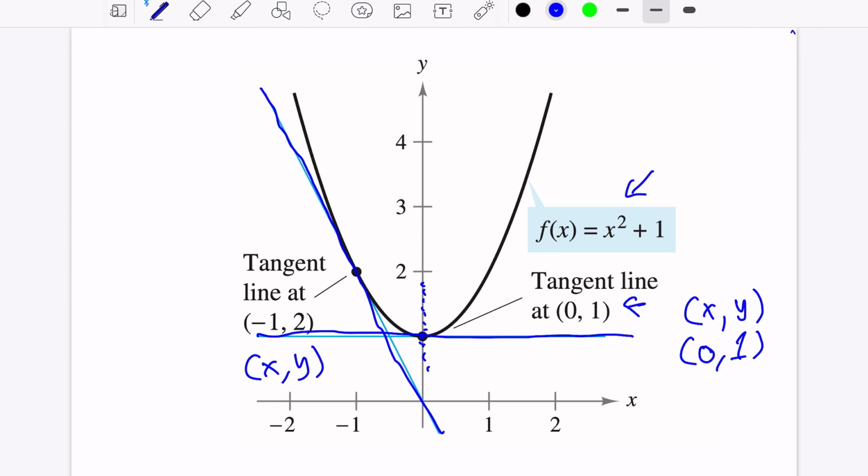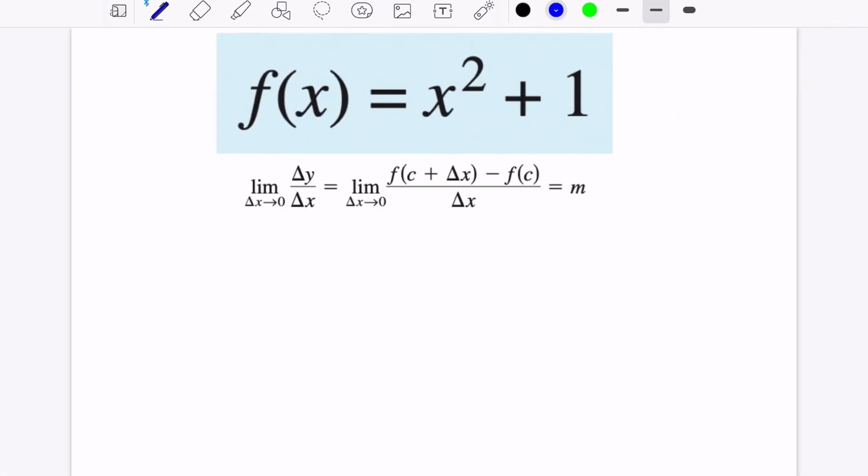Now let's work out this problem and do the actual formula. So here's my definition. Once again, the limit as delta x goes to 0 of the change in y over the change in x. Just remember as a side note, let's say that f of x, for instance, is equal to 2x, just to make it simple. Then f of 1 is equal to 2 times 1.